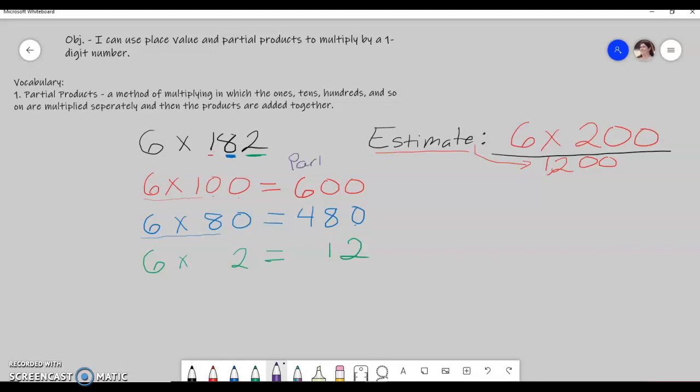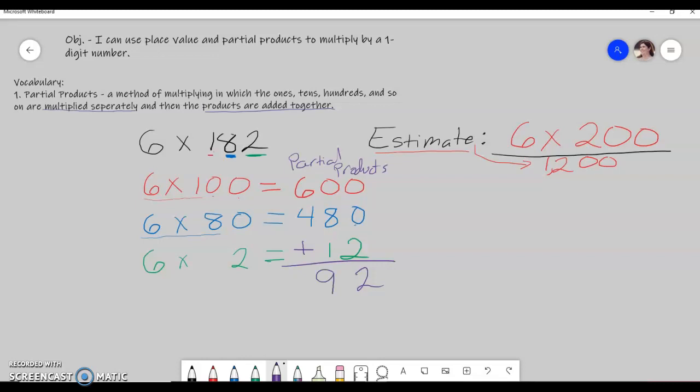Now what we're going to do is take all of these partial products, and we're going to add them together. Because that's what it says. We multiplied them separately, and then the products are added together. So 0 plus 0 plus 2, since I lined up my place values. 0 plus 8 is 8, plus 1 more is 9.